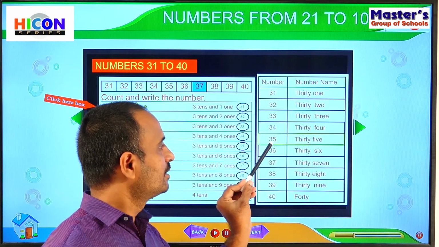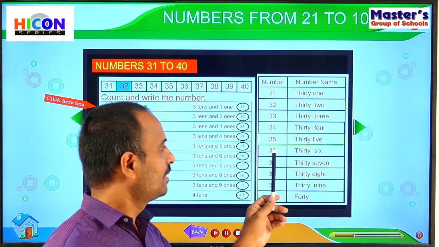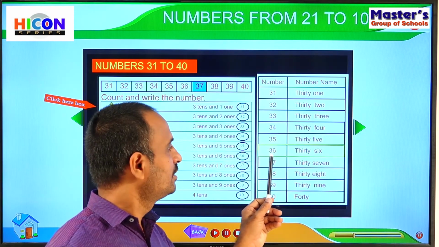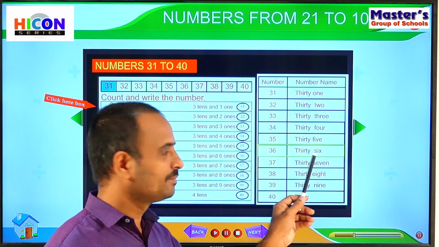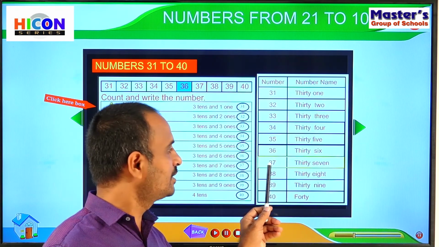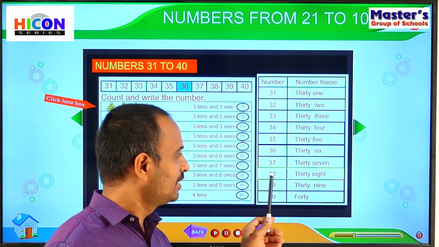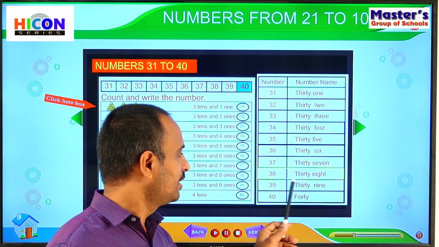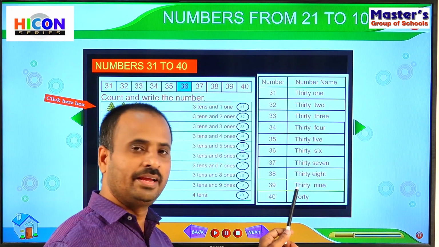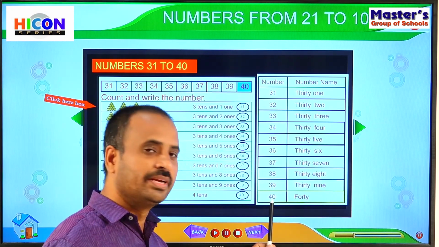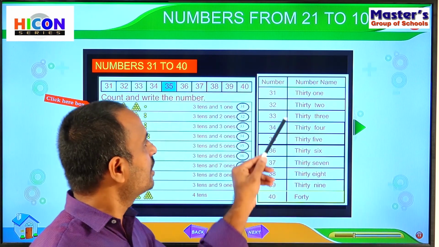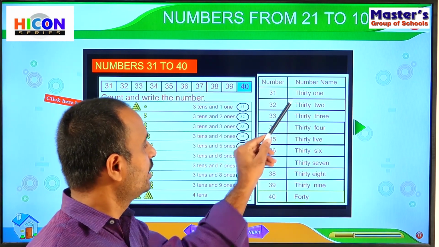And this is 35. And this number can be read as 36. And this number can be read as 37. And this number can be read as 38. And this is 39. And this number is 40. So these are the number names from 31 to 40.